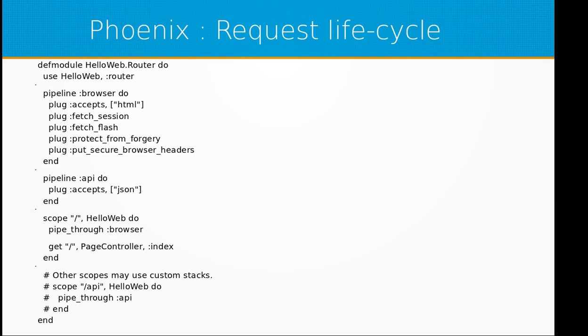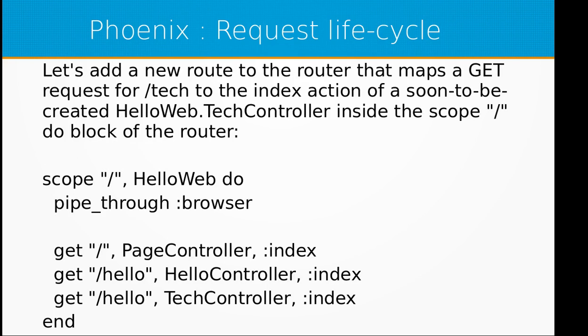So we have the HelloController, we have the PageController. Let's add a new route to the router that maps a GET request for /tech to the index action of the soon to be created HelloWeb.TechController inside the scope "/" block of the router.